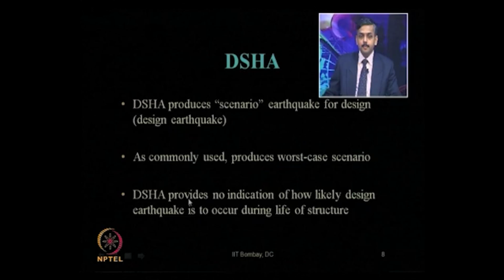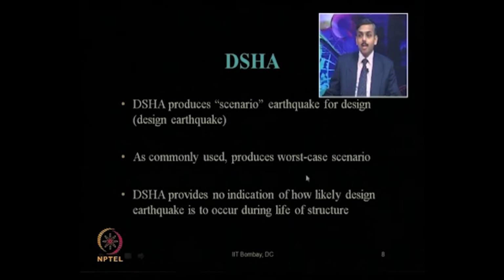The DSHA provides no indication of how likely that design earthquake is to occur during the lifetime of the structure. So, this is one disadvantage of DSHA. Why? Because when you are considering the worst case scenario or the highest value of earthquake, you never know whether that highest value of earthquake will ever occur during the lifespan of your structure or not.